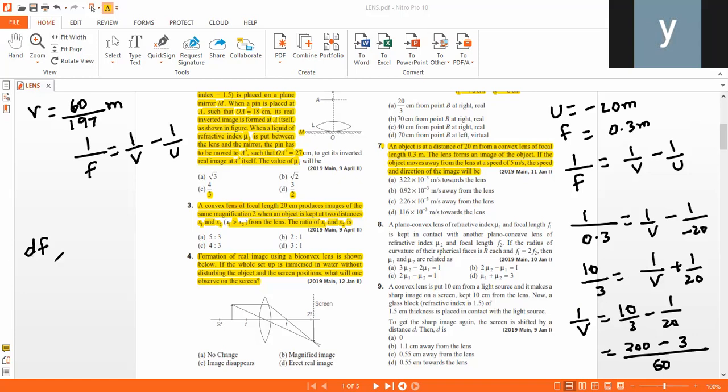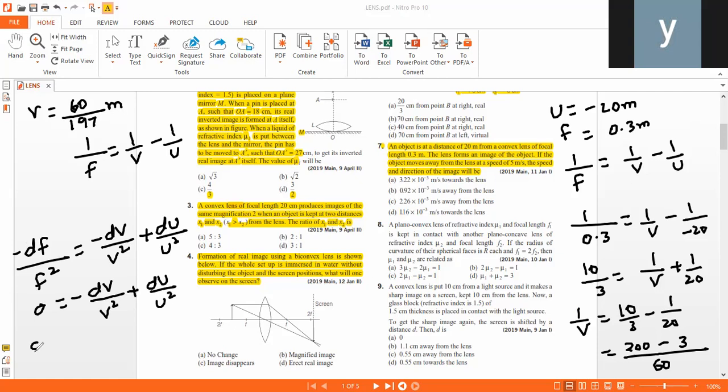That means I can write minus df by f square equal to minus dv by v square plus du by u square, right? There is no change in focal length. So 0 is equal to minus dv by v square plus du by u square.